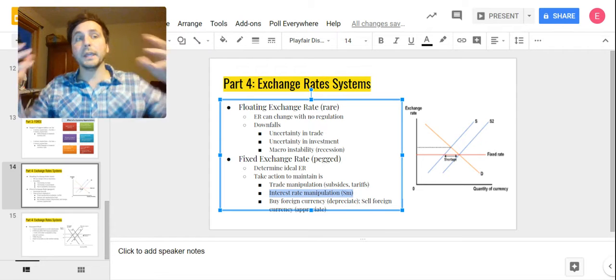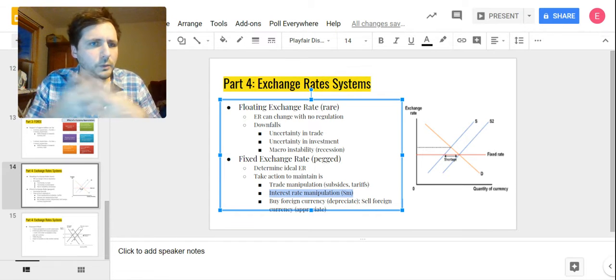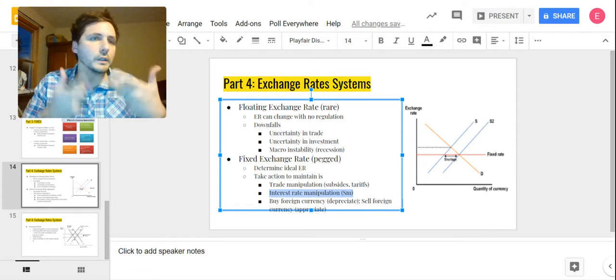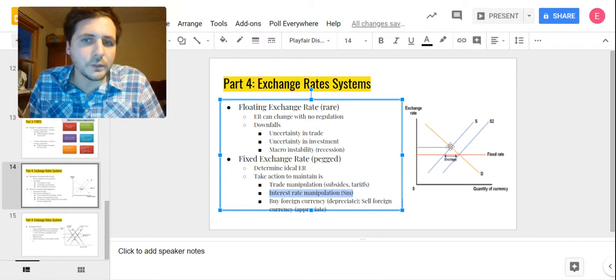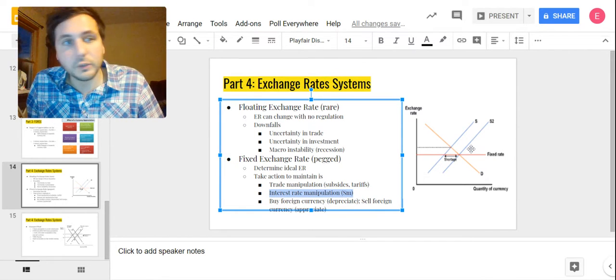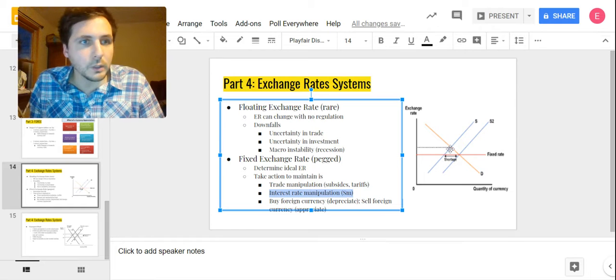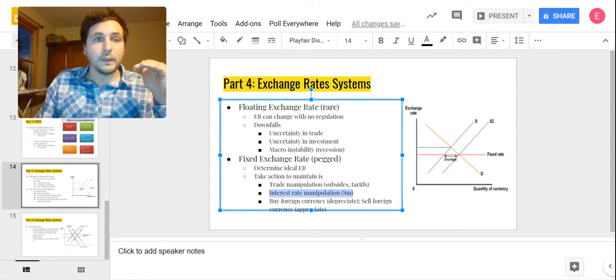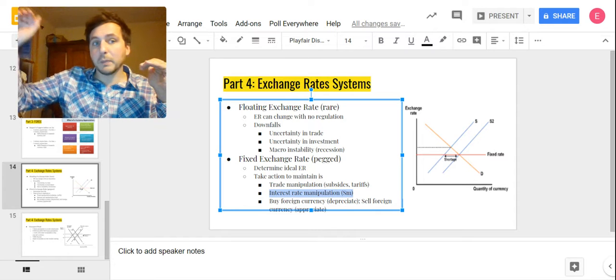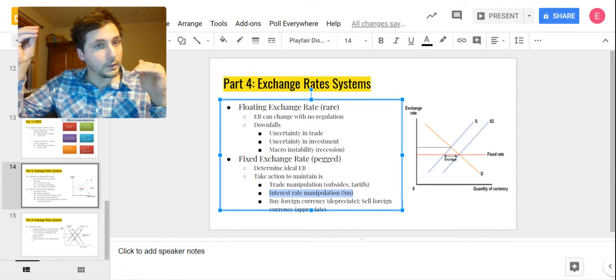I could manipulate interest rates. I could change the supply of money, because we know how that works, to increase or decrease interest rates. If right here my exchange rate's too high, my fixed rate's down here, I want to shift supply to the right. How do I do that? Well, let's say I lower my interest rates. If I lower my interest rates, then foreign interest rates might be more attractive for our investors.